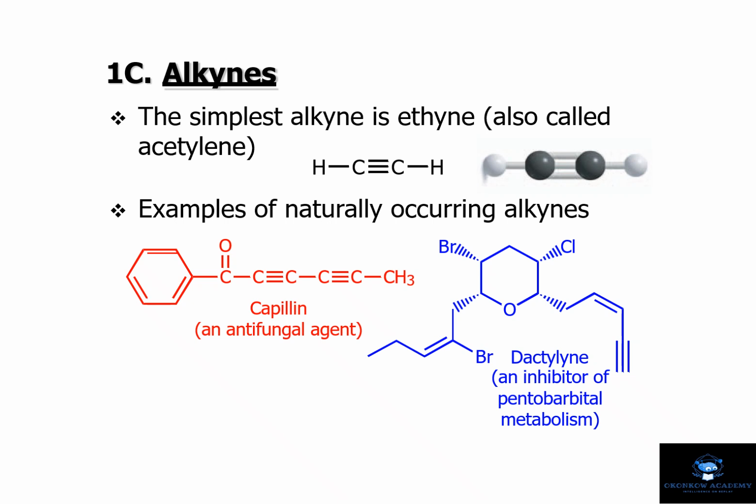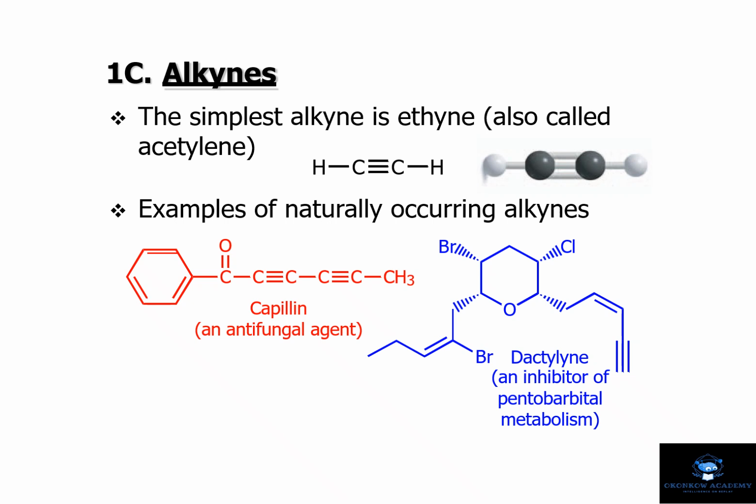Alkynes. The simplest alkyne is ethyne or acetylene, but alkynes also occur in nature, often with biological activity. Capillin is a naturally occurring alkyne with antifungal properties. Dactylyne, found in marine organisms, is an inhibitor of pentobarbital metabolism.